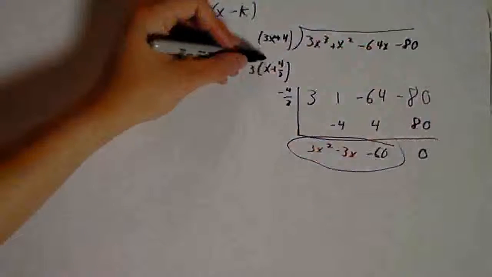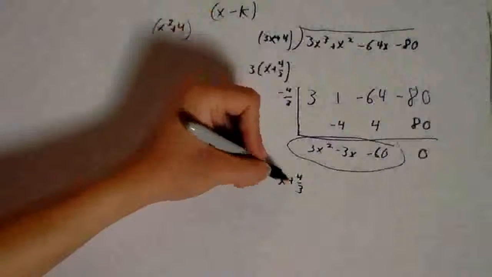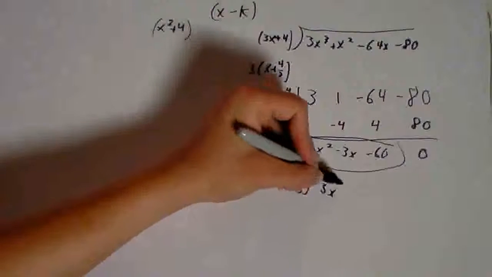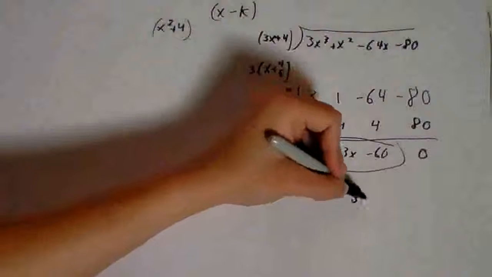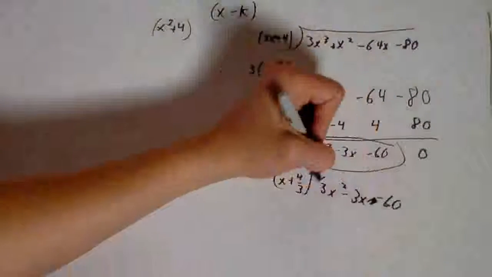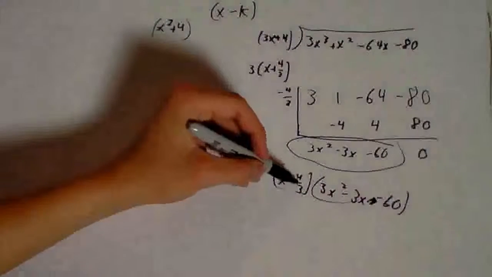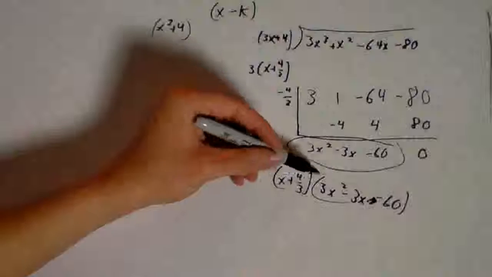And this tells us that x plus 4 over 3 times 3x squared minus 3x minus 60 is a way to rewrite this polynomial. But if we don't want to leave this 4/3 in here, no problem.